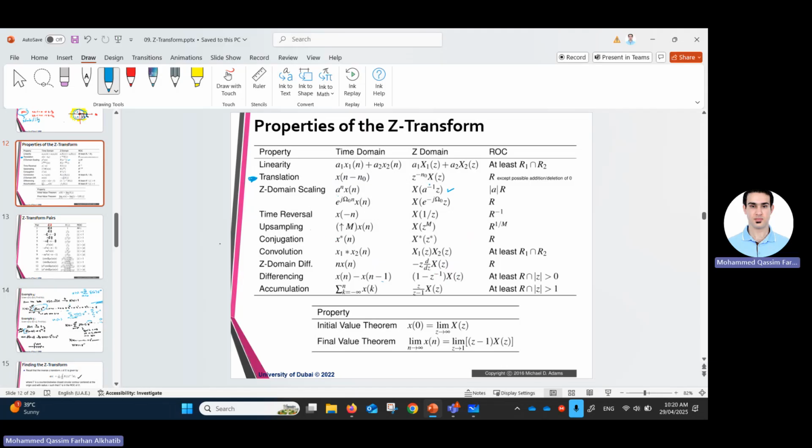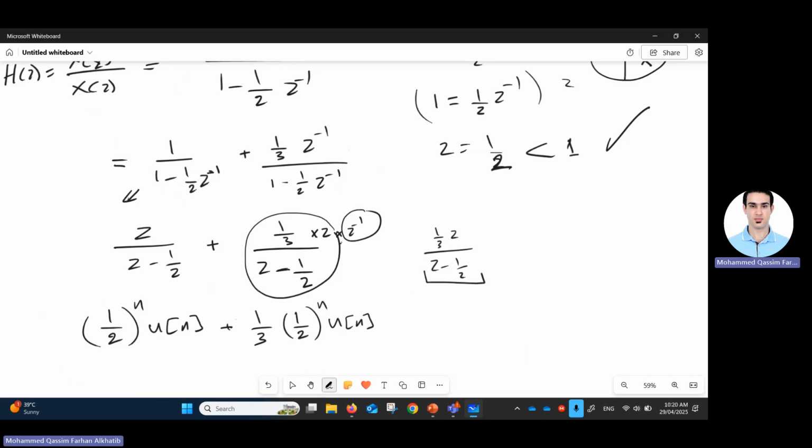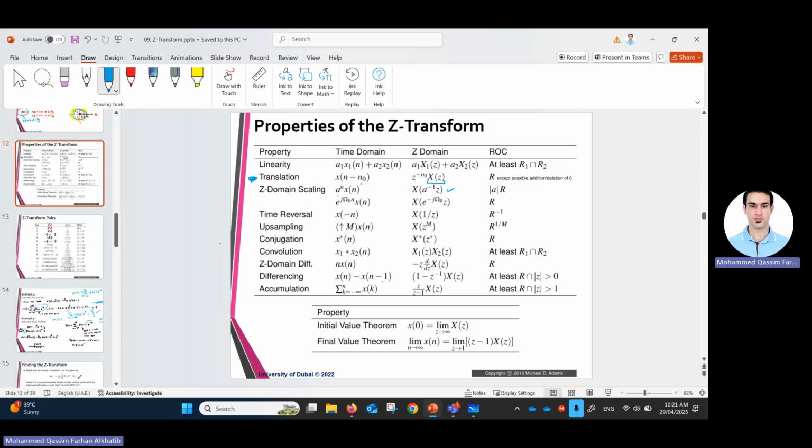So in this case, this is my x of z, and corresponding to x of z is this x of n: 1 over 3 times 1 over 2 to the power n u of n. That is x of n, and this is x of z. Now I'm weighting x of z by z to the negative 1, which means I'm doing a shift by how much? By 1.